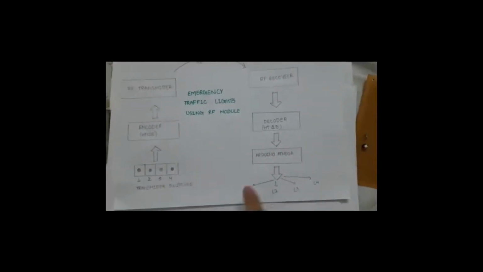After the encoder converts the parallel data into serial data, this data is given to the data pin of the RF transmitter to establish a serial communication between the transmitter and receiver. After this, it sends the signal, and when it receives the signal, the decoder converts the signal from serial to parallel, which it then sends to the Arduino, that is the microcontroller, which further controls the lights.